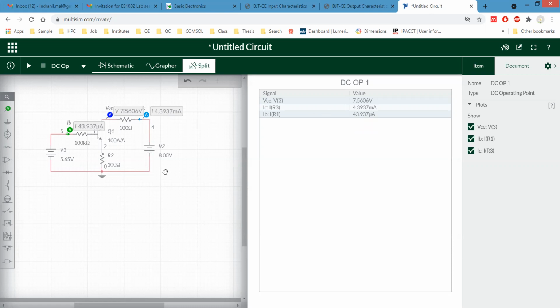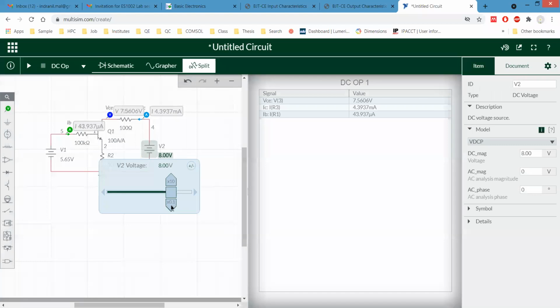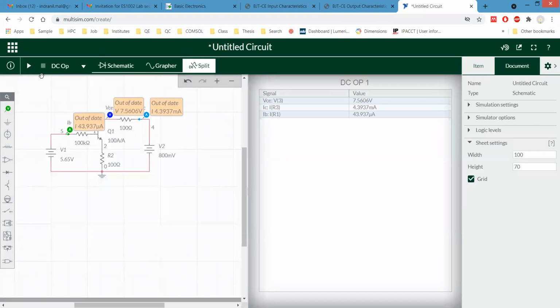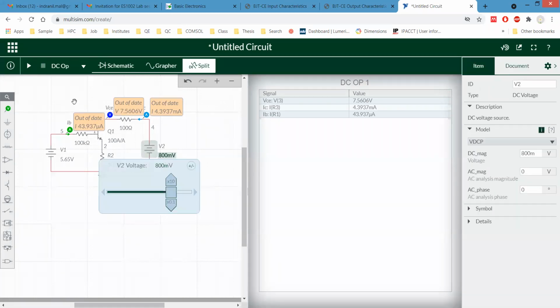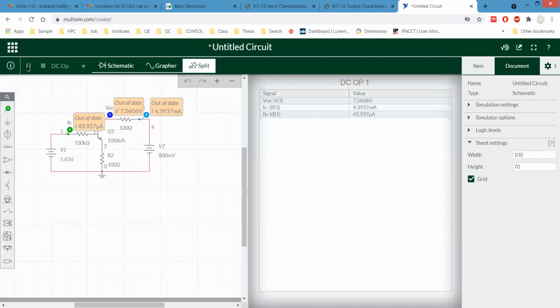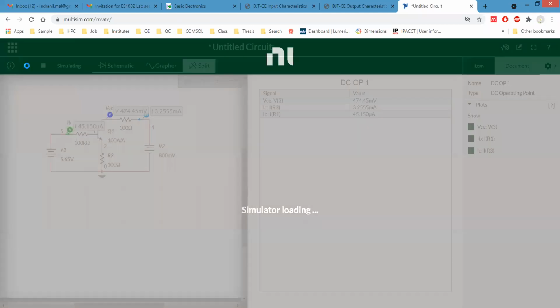Now what we will do is change this value to 100 milli, that's 0.8 volt. Let's check what the current will be, then depending on that we will change it.